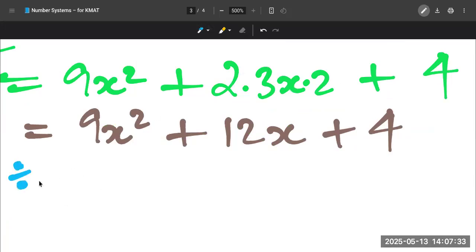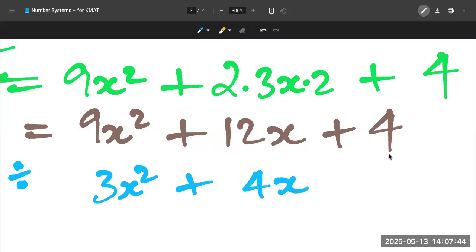Yes, 9x square divided by 3 would be 3x square. 12x divided by 3 would be 4x. 4 divided by 3 would be 1, and 1 remainder, right?